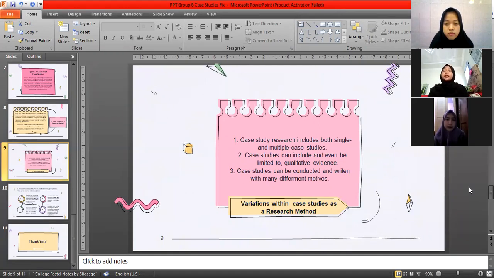The second is case studies can include and even be limited to quantitative evidence. In fact, any contrast between quantitative and qualitative evidence doesn't distinguish the various research methods.